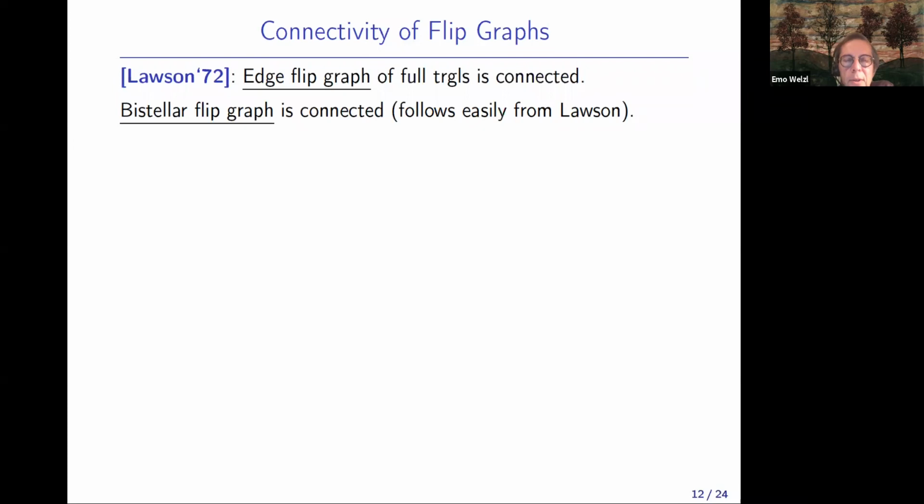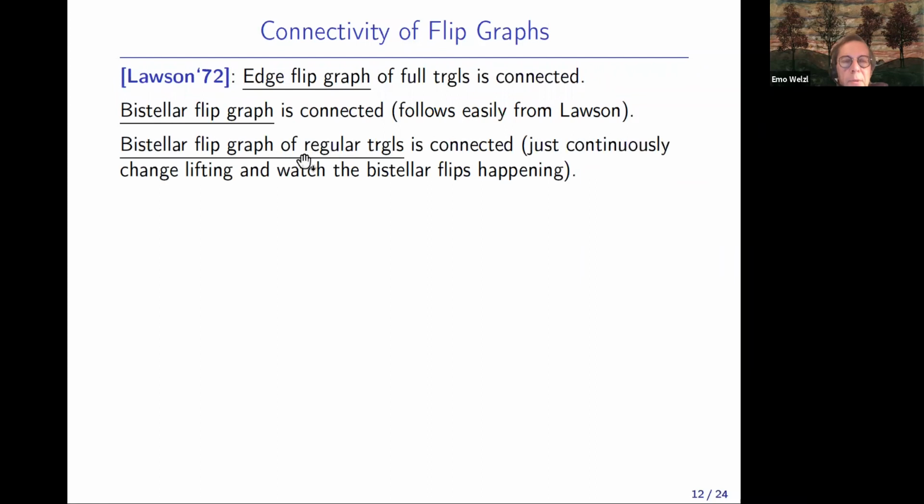If not, you can take either of the two triangulations and flip to a full triangulation by just 2-point insertion flips. Just take one skipped point after the other and insert it as a vertex of degree 3. Then both of these triangulations have flipped to full triangulations, and then you can connect the two full triangulations by a path according to Lawson.